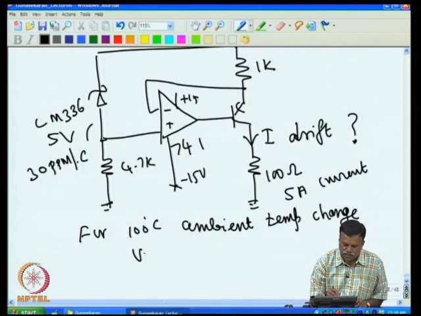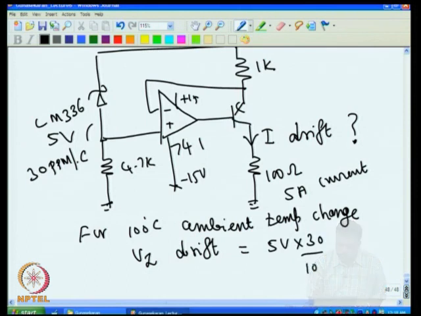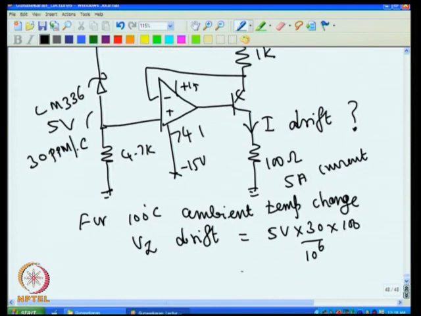the VZ drift, that is the change in Zener voltage with temperature, will be 5 volt into 30 ppm, 30 divided by 10 power 6, into 100 degree. So, that is the expected drift in voltage in the Zener.